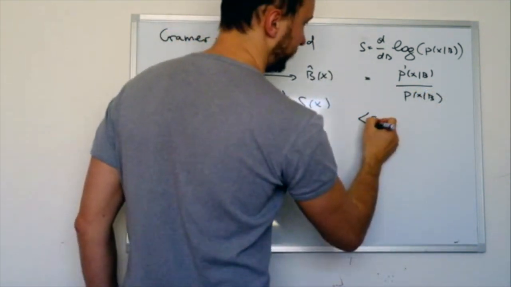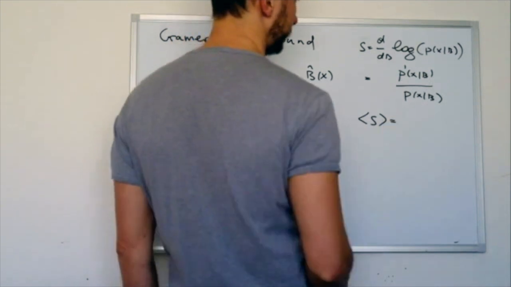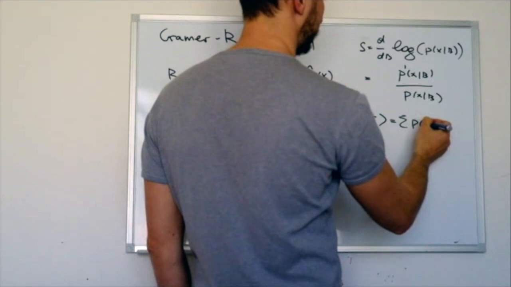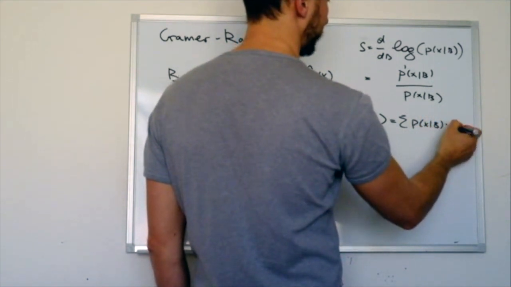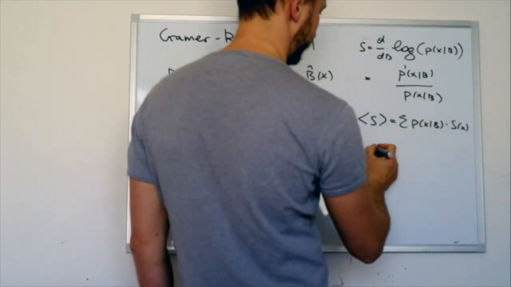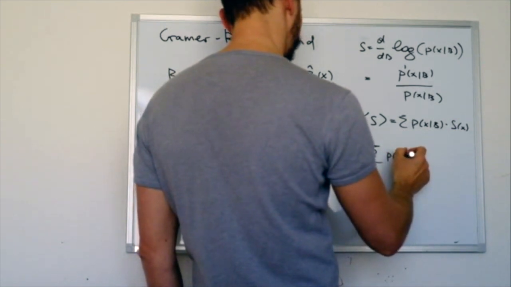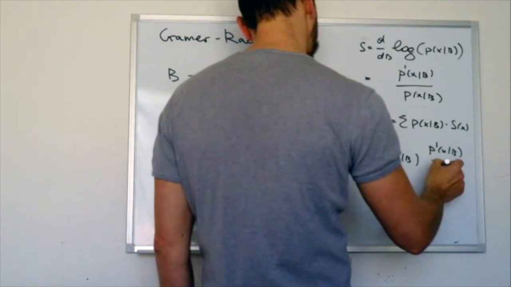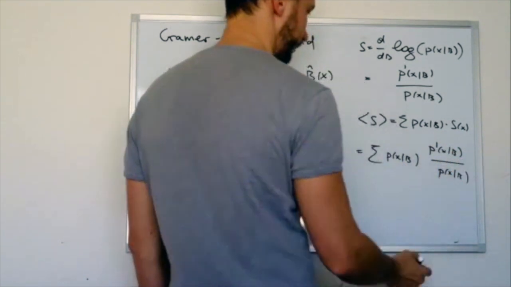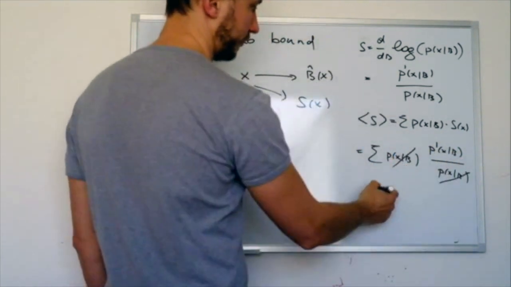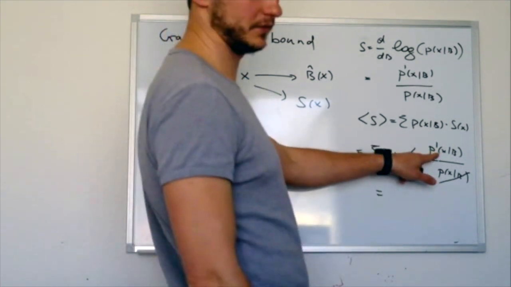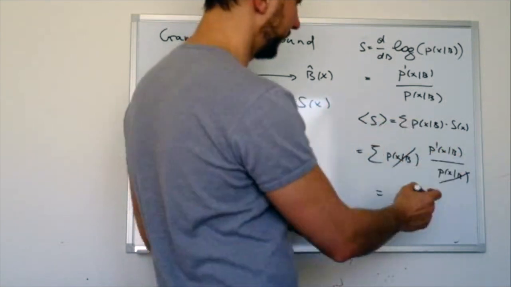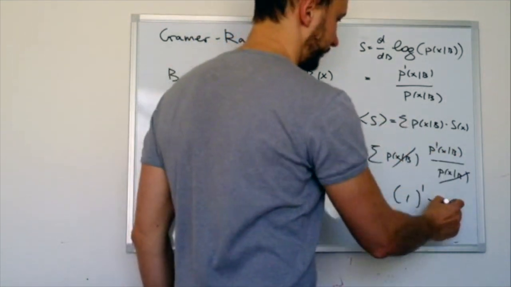First, the expected value of the score is the sum of p of x given b times s of x. So this is the sum of p of x given b times p prime of x given b divided by p of x given b. You see that it's 0, because it's the expected value of a derivative of the same thing. You just put the derivative out of the sum, and the sum of p is 1, whose derivative equals 0.